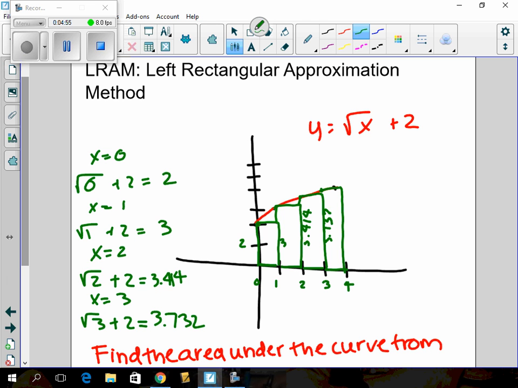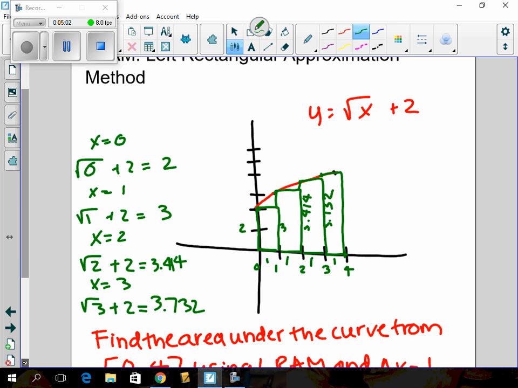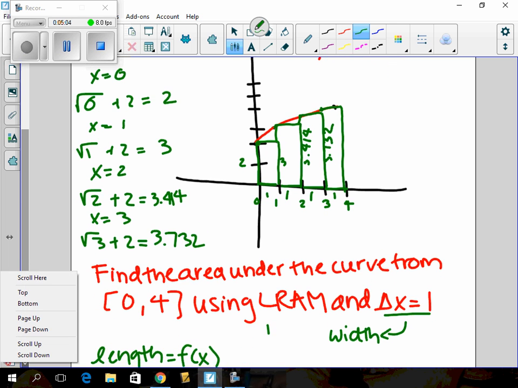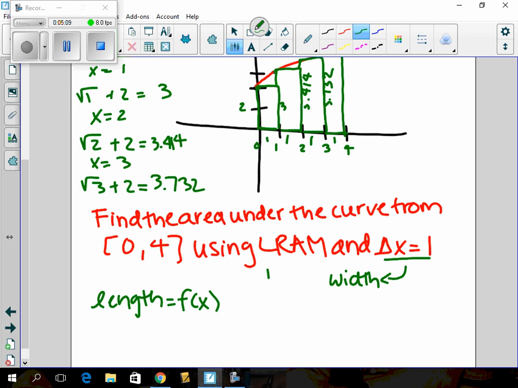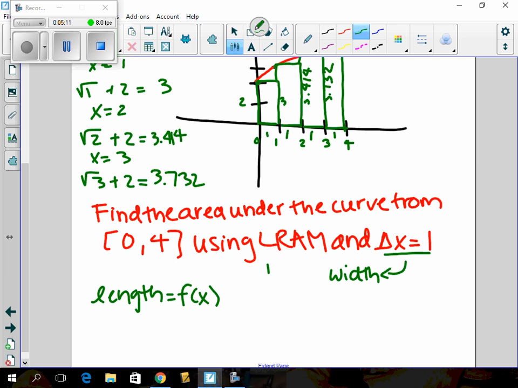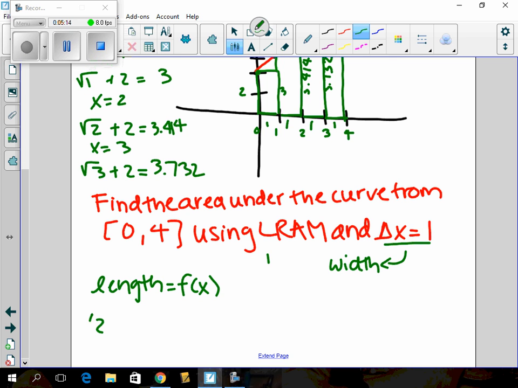So I have all my widths, they're all 1. I have all my heights. And now in order to find the total area, I'm just going to sum all of those areas together. My first rectangle had a length of 2, a width of 1. Second rectangle, length of 3, width of 1. Third rectangle, length of 3.414, width of 1.